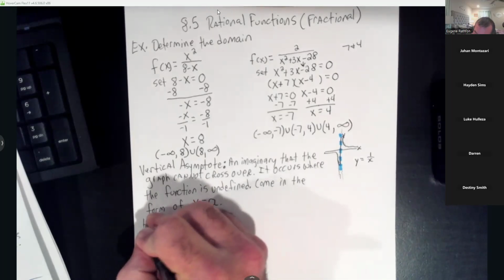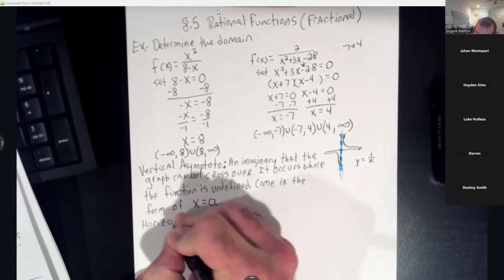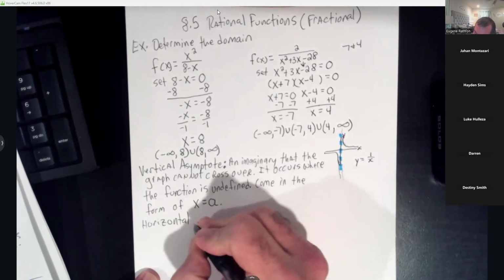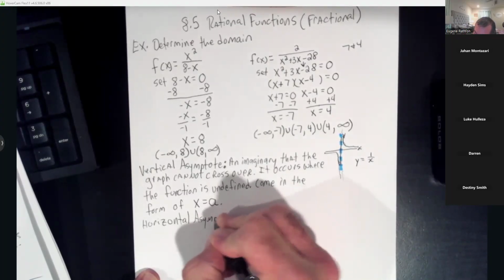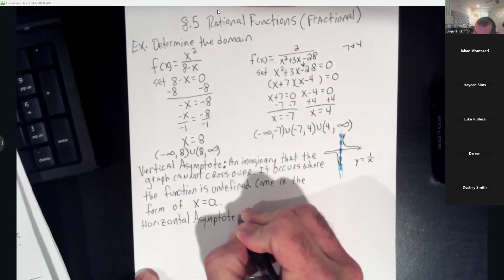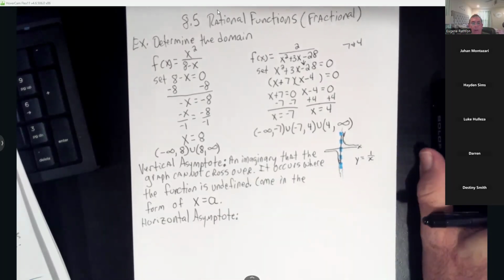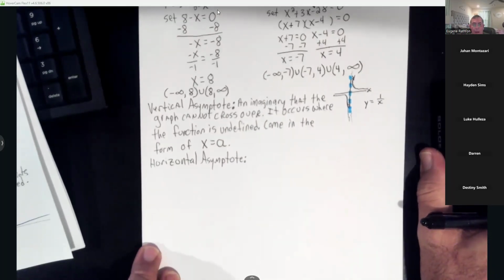All right, y'all, next is a horizontal asymptote. All right, y'all, well, guess what?